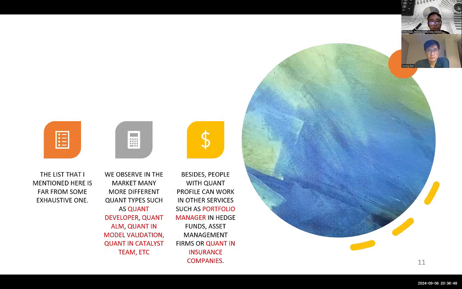Right, so the list I mentioned here is far from exhaustive, because we observe in the market many more different quant types, globally, in London, in Paris, in Wall Street, in Singapore, in Taipei, in Hong Kong, in Tokyo. Quant types like quant developer, quant ALM, which stands for asset liability management, and quant in model validation, which is very popular in France, in Paris.